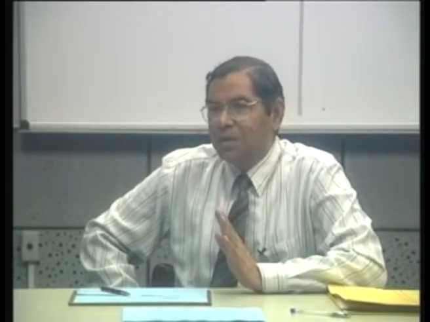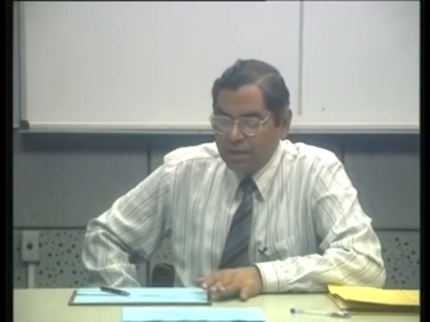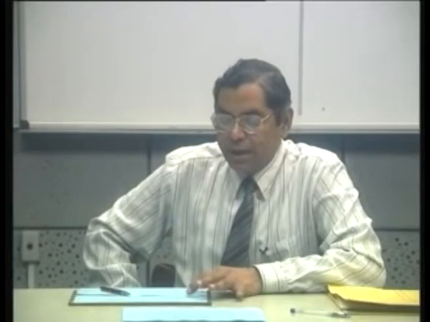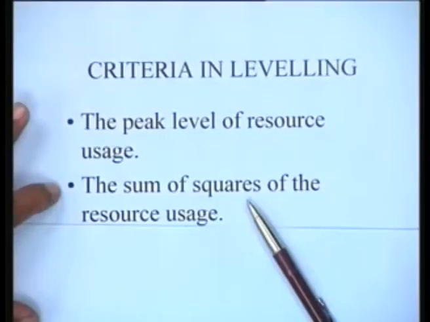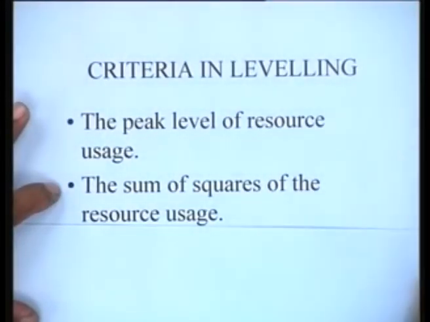Because obviously, for all schedules, the total area under the resource usage curve is a constant. It's like when work is scheduled, the total work done has to be the same. But if there are imbalances, it's those imbalances that we are trying to talk about, and minimizing the sum of the squares of the resource usages would be a good idea.